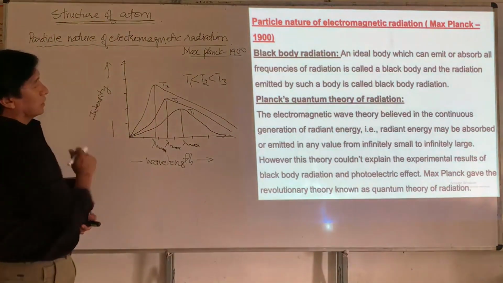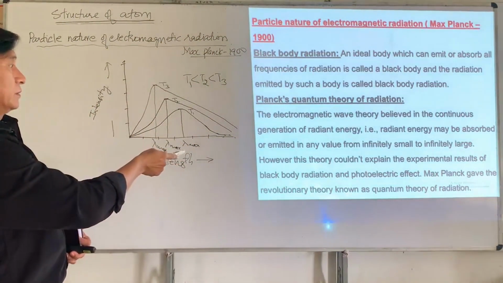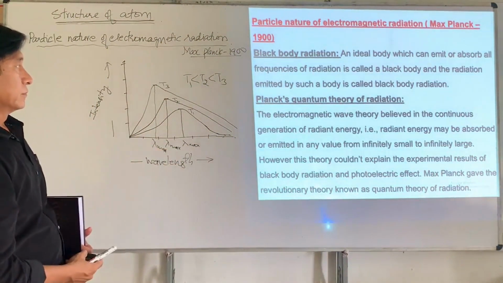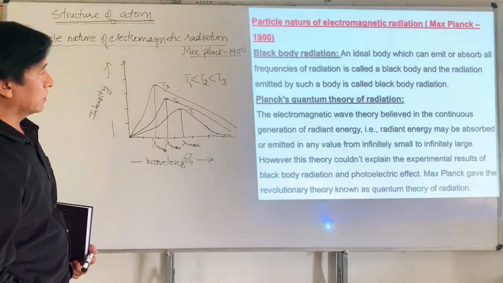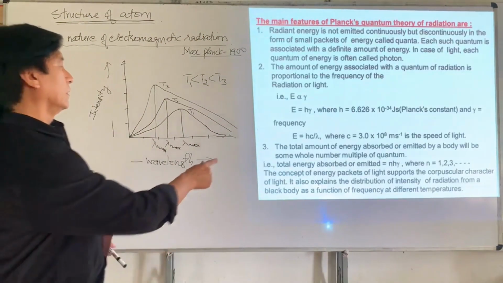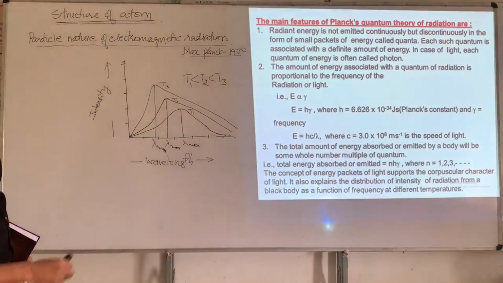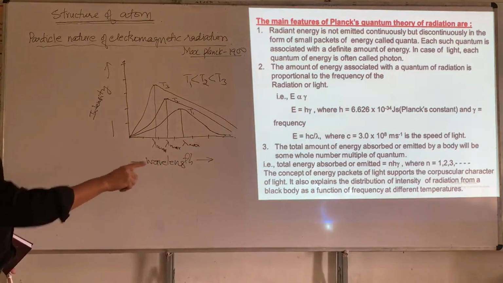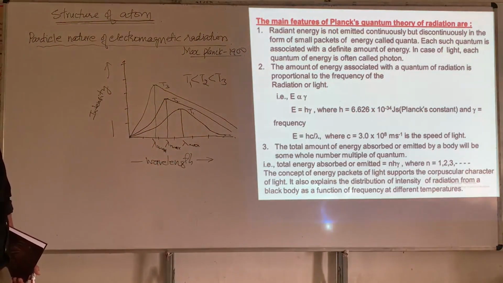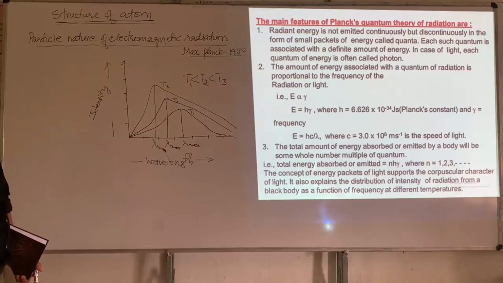So here it says that the distribution of intensity of radiation from a black body is a function of frequency of the radiation at different temperatures.